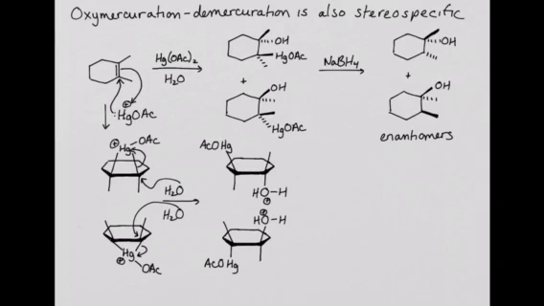Deprotonation by water leads to the structures above. You might find it helpful at this point to pause the video and make a model of each of these structures. But it is in this way that this reaction is stereospecific. The hydroxyl group and the proton that are added across the alkene always add anti.